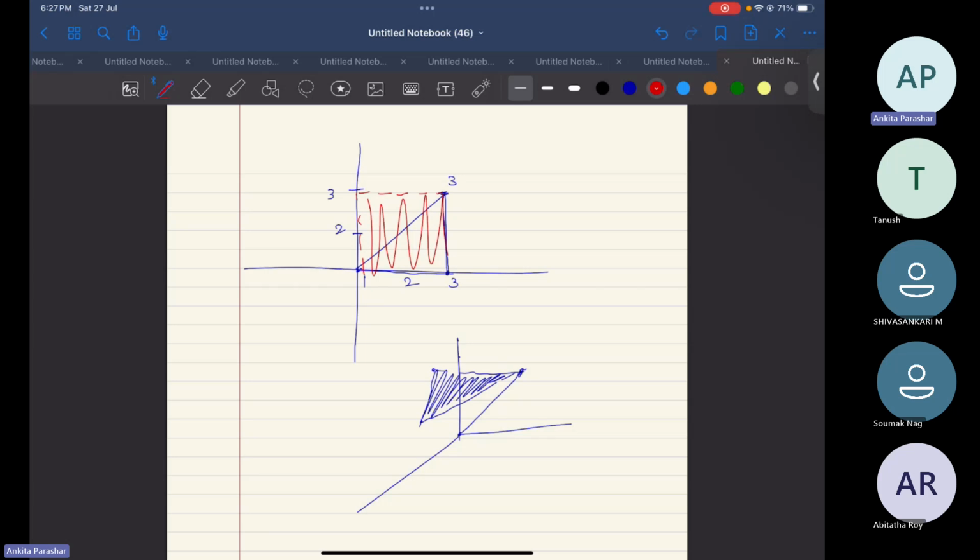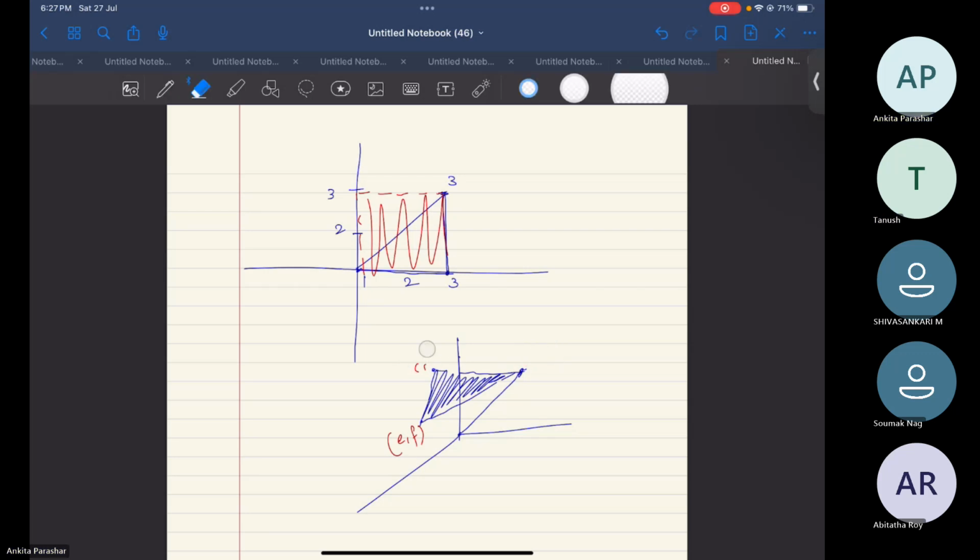I am somehow not sure. If I label these points as A, B, and C, they are three-dimensional, so there will be three-tuples. Oh, sorry.